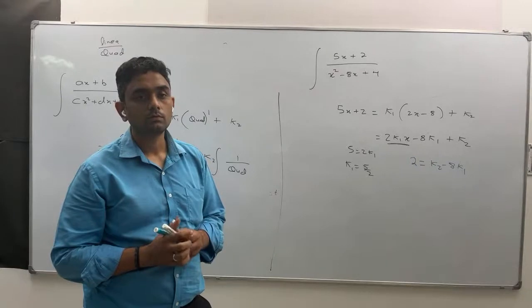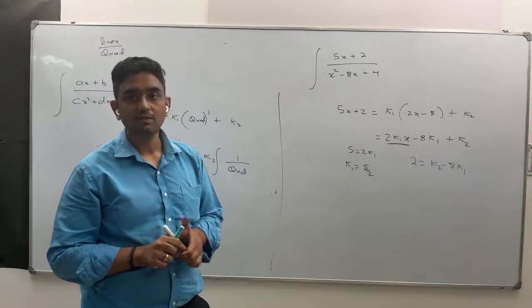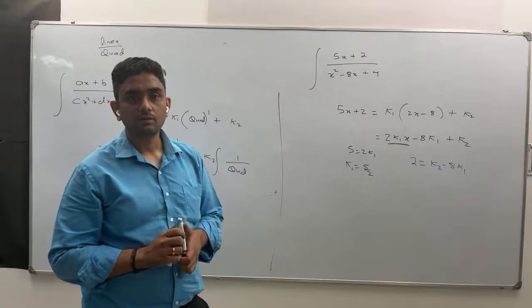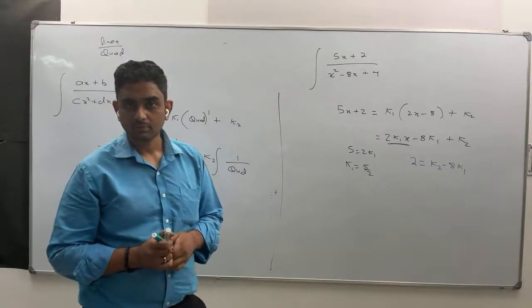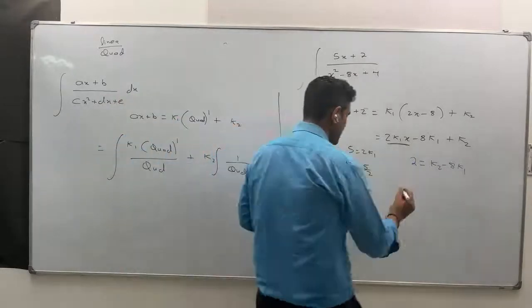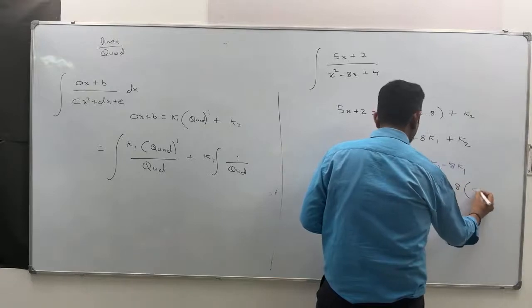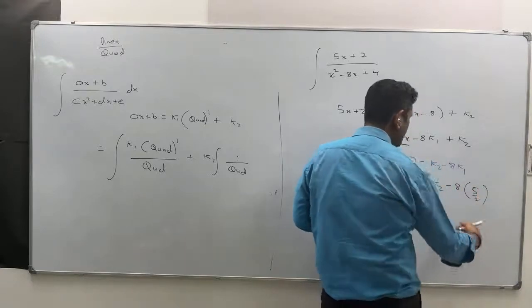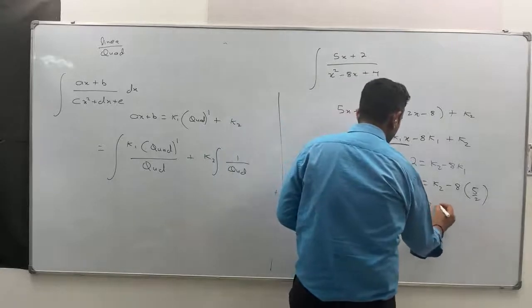It will be 22. We write 2 equal to k2 minus 8 into 5 by 2. Now 5 by 2 into 8 is 20. So we'll get k2 equal to 22.